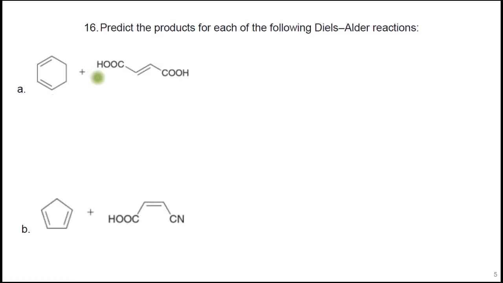To predict the Diels-Alder products here, we want to flip that diene file in a direction that works for us. Draw your mechanism arrows. So one of these will be up, the other one is down, because we started with a trans double bond.